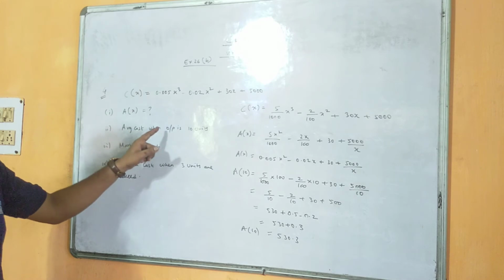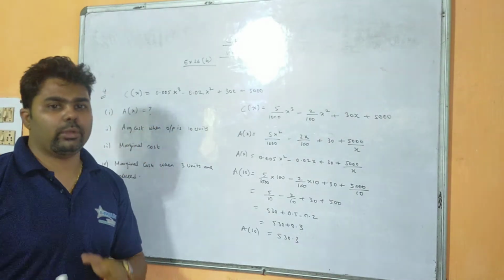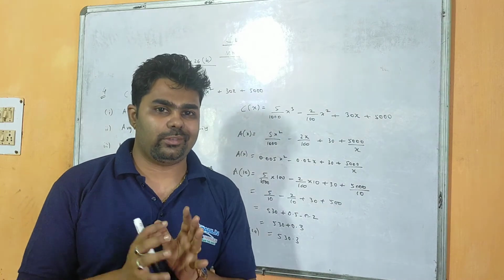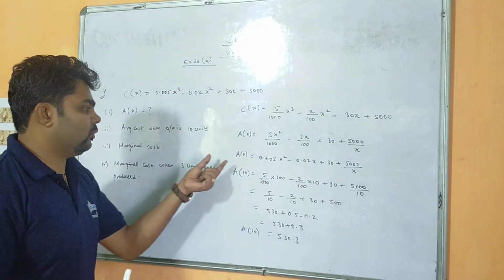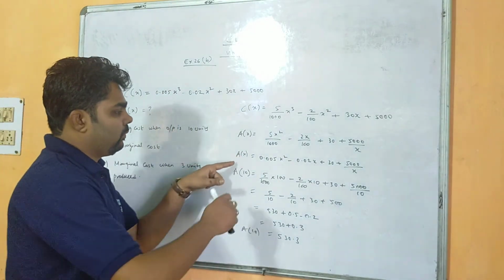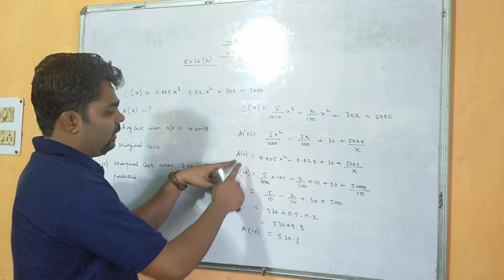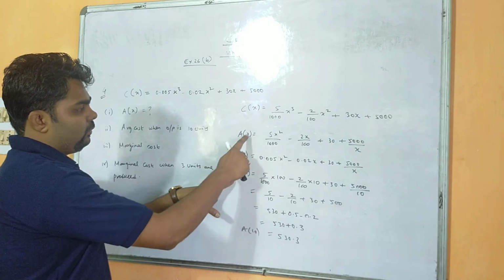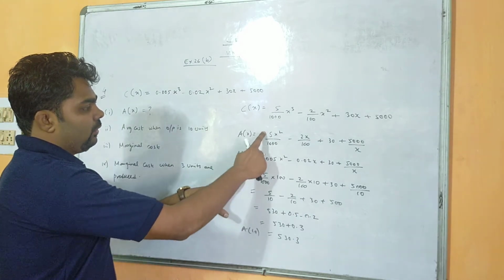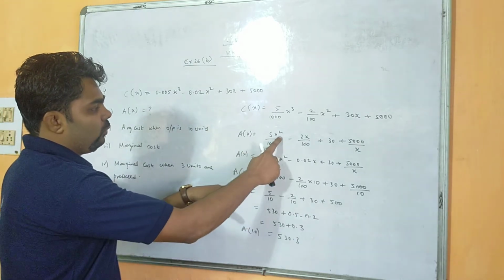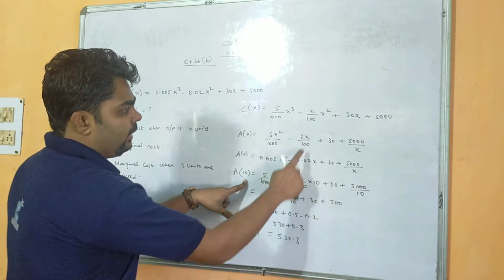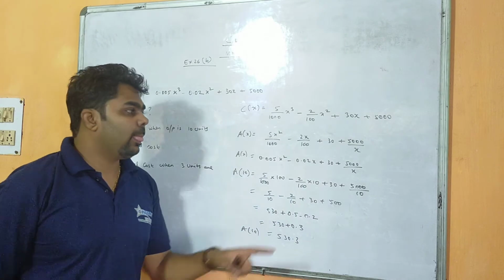Now average cost when output is 10 units, that means when the number of units produced is 10, what is the average cost. So here you see, this was our answer number 1. Now in answer number 2, in place of x I have substituted 10. Now 5 by 1000 as it is, x square, x is 10, that means 10 square is 100, minus 2 by 100, in place of x I have substituted 10, 30 as it is.